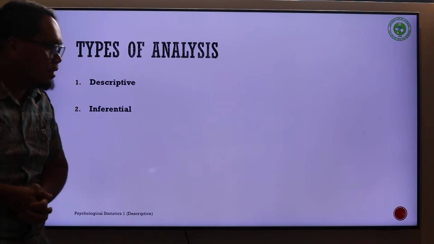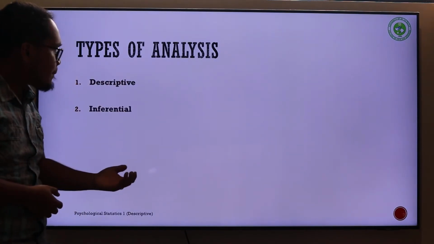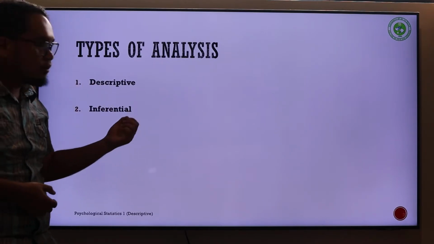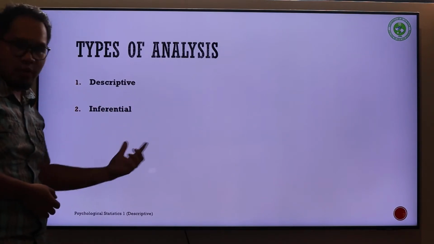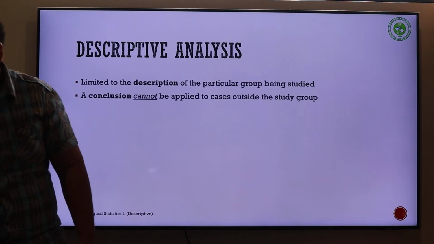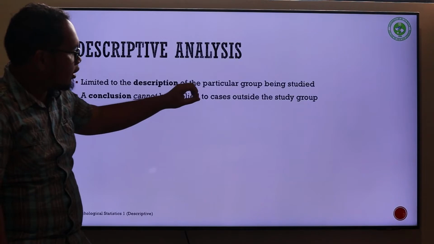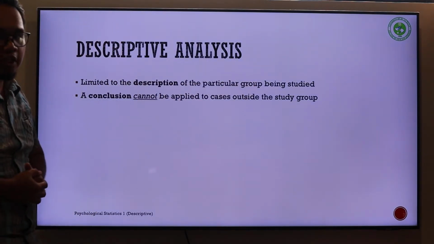Actually, the definition of it as an analysis is pretty much the same as its description as a branch of statistics. So, you get to go back with the root words and you will not get lost. For descriptive analysis, this is only limited to the description of a particular data set or a group that we are studying.